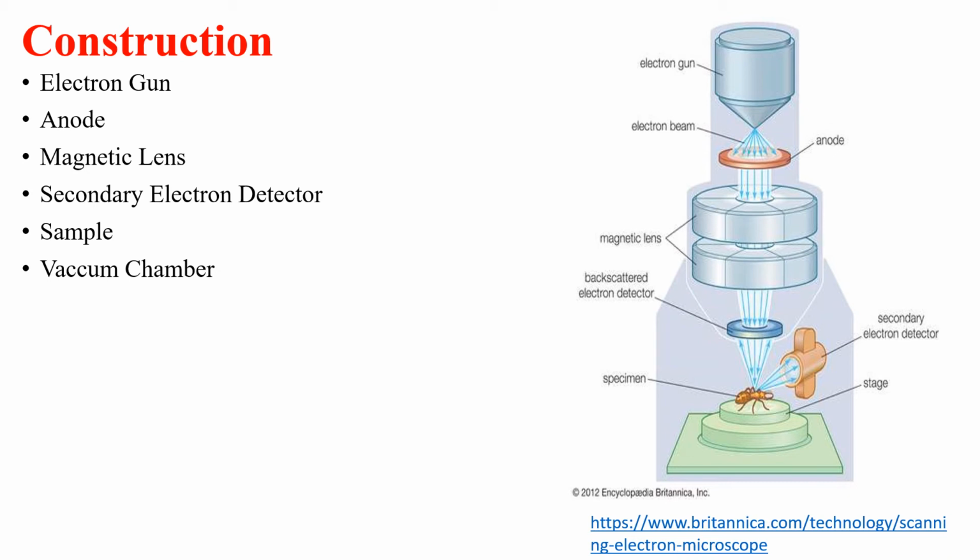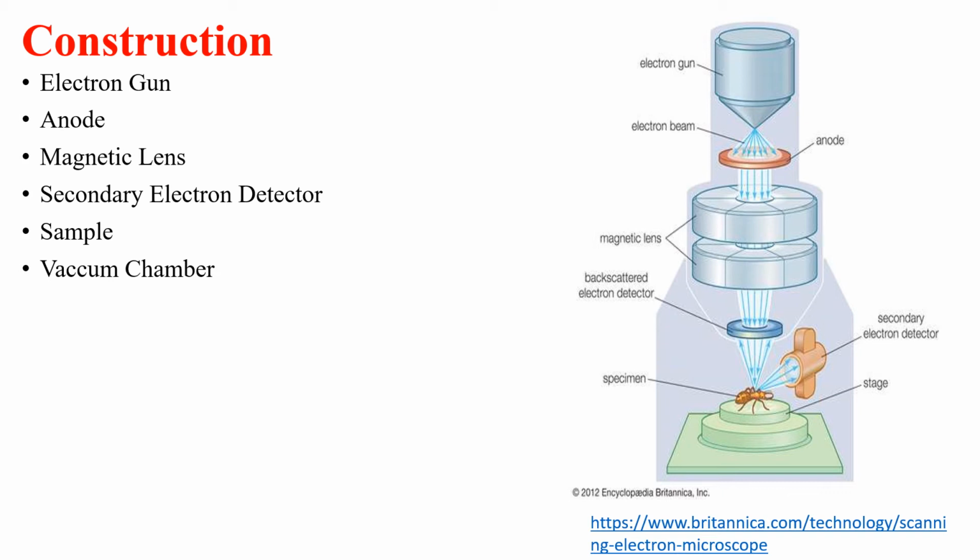Like we have seen, different electrons are reflected back, out of which we are going to collect the secondary electrons from the detector. This detector is connected to a computer screen which gives an image of the topography of the surface.